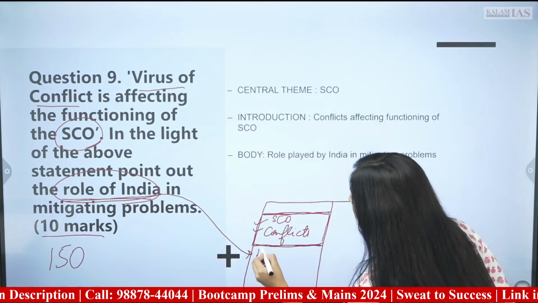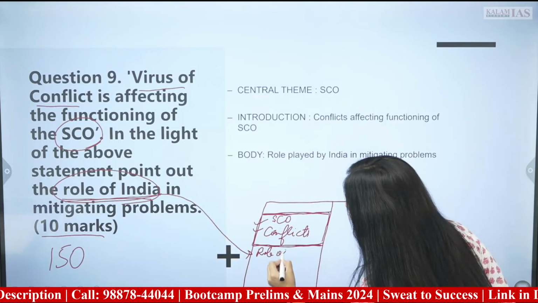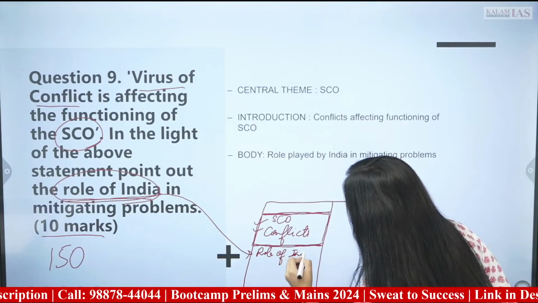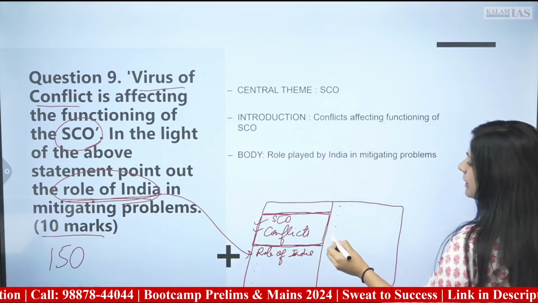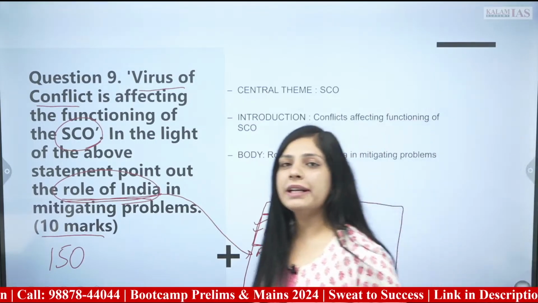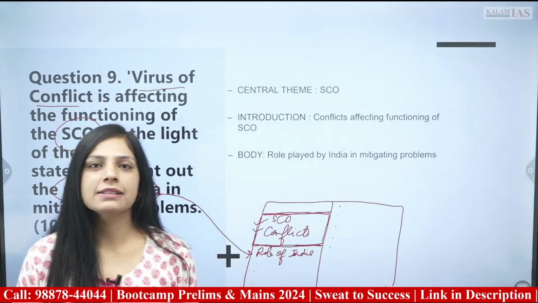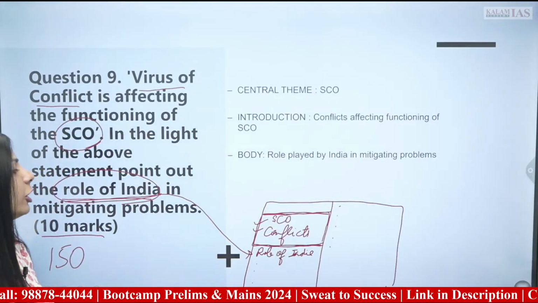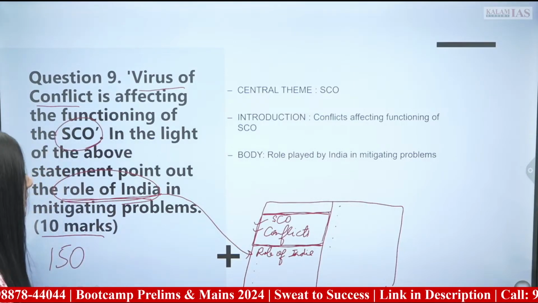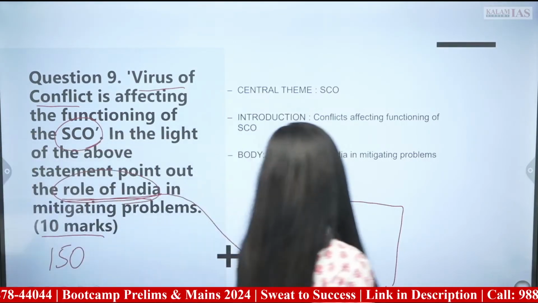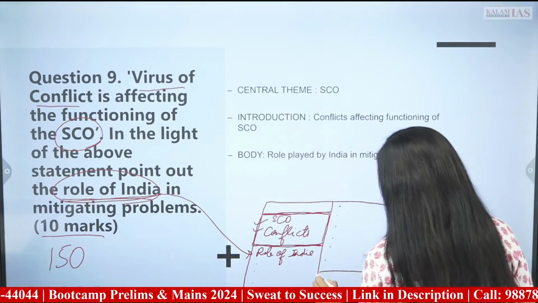So you can write role of India in mitigating the problems, and then you can write a number of points to address the demand, right? Till here we have organized our answer, right? And then in the end we can give a conclusion.